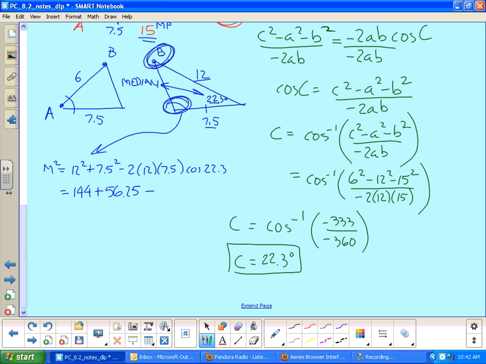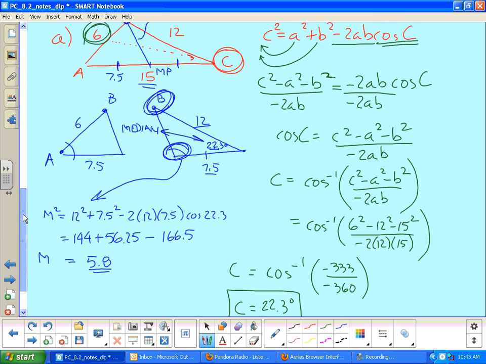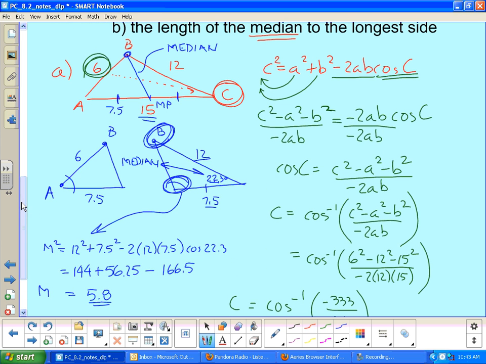We'll subtract. 166.5. I get confirmation there. All right, and then we're going to take this, add it all up, and then take the square root of it. What do we get? Anyone else getting 5.8 after they add that all up and take the square root? All right, good deal. So there's the length of our median using law of cosines. 5.8.